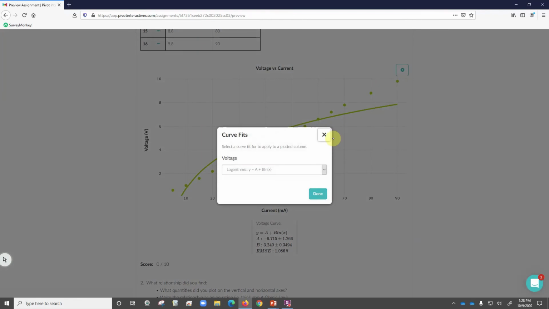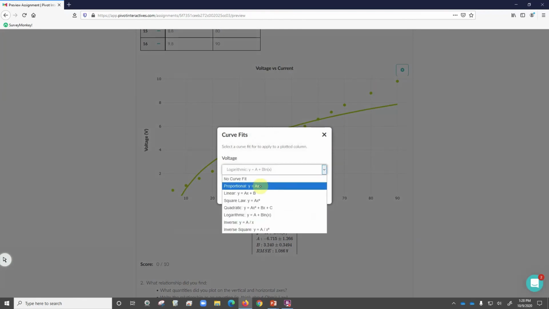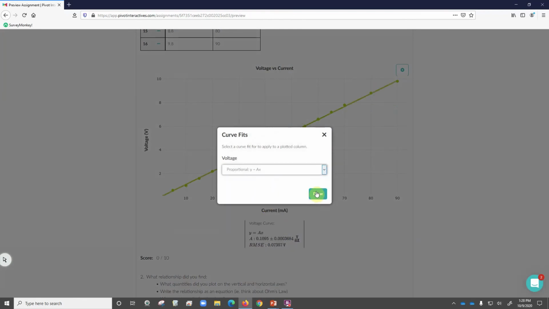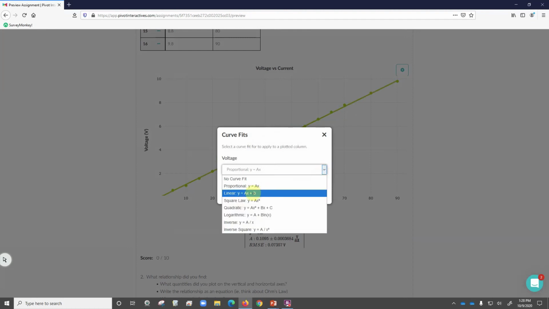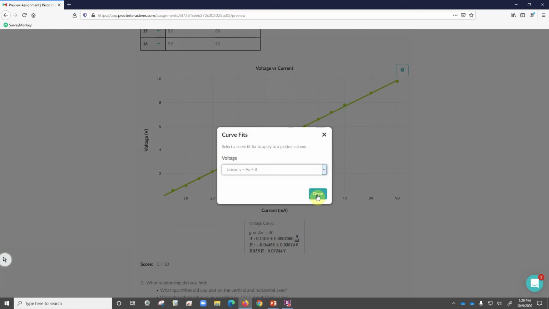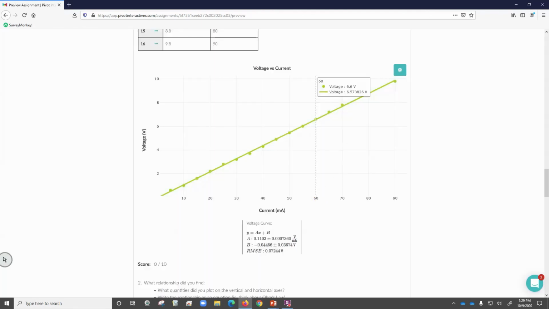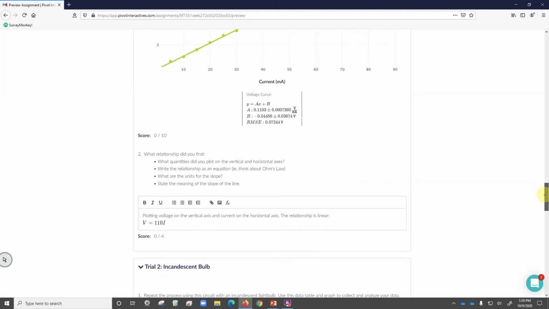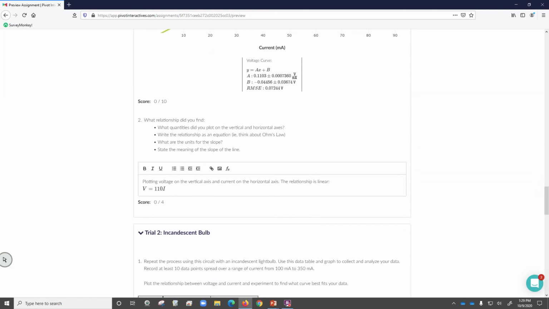And for that we could use either proportional, because that's what Ohm's law is about, that's what we expect, or just linear. They both are linear, you remember. But this gives slightly better accuracy with these data. Some students may have different, it doesn't matter. The y-intercept is small, either answer is good.